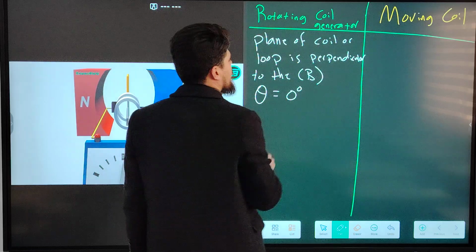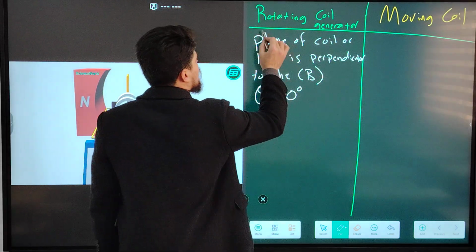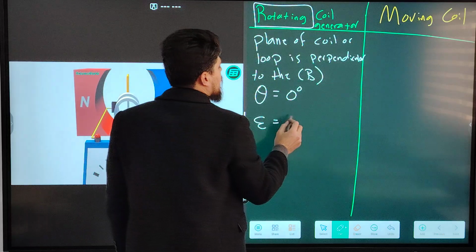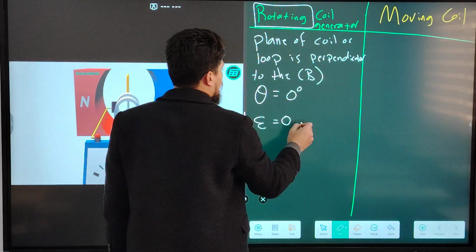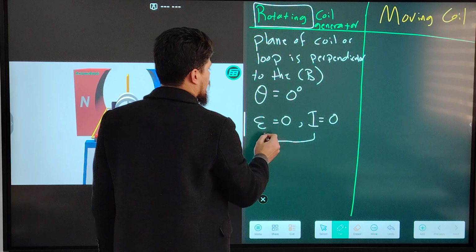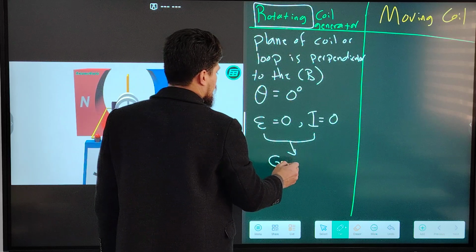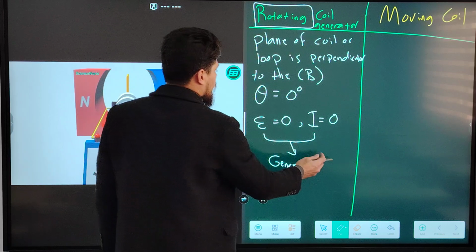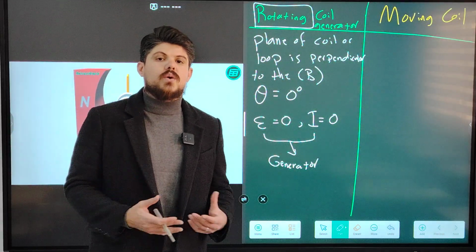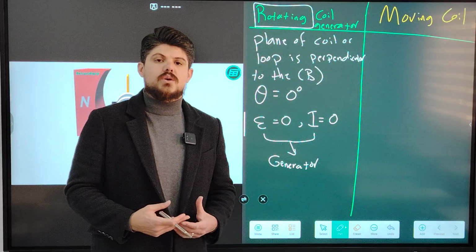Theta is equal to 0. When theta is equal to 0 in a rotating coil, EMF is equal to 0. Induced current is equal to 0 in a generator. In a generator, when the plane of the loop is perpendicular, no current is induced, no EMF is induced in this conducting loop.